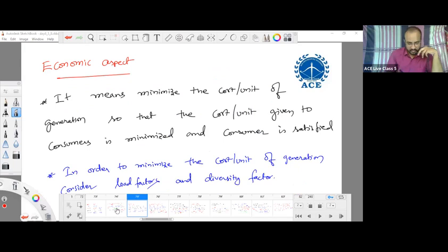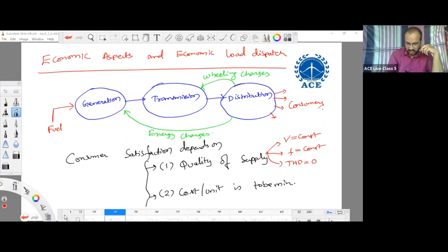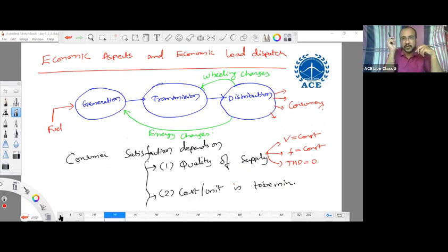So we defined what we mean by economic aspect in the last class. If we observe the power system network, it is operated from three utilities, mainly power generation, transmission, followed by distribution.